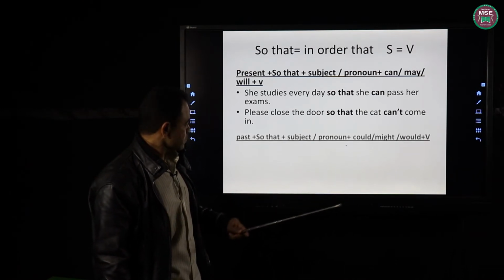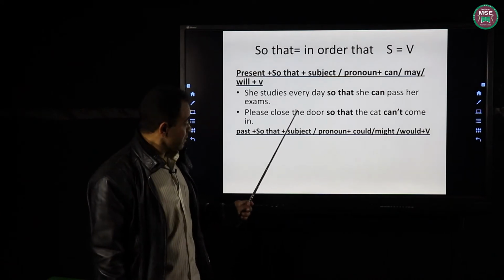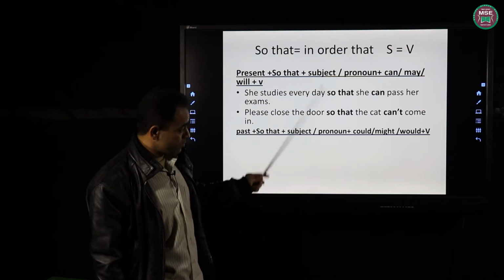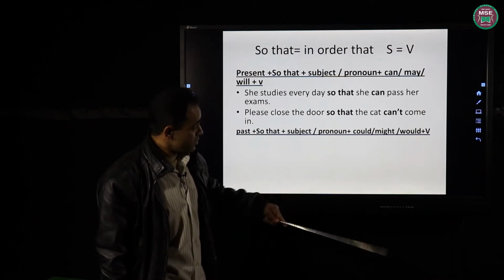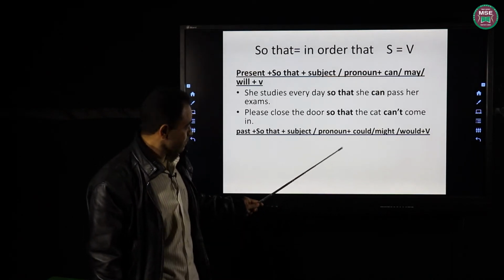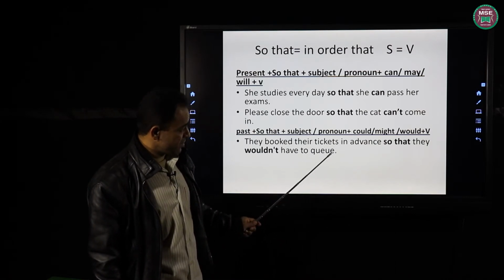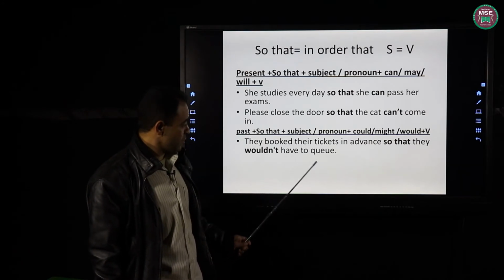Very good. But here it was past, right? For the past here, after so that and the subject, we use the past of these verbs here instead of can, could, or might, or would plus verb infinitive. For example, they booked their tickets in advance so that they wouldn't have to queue.